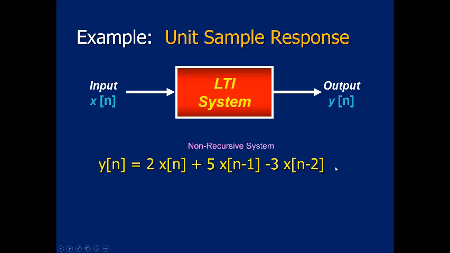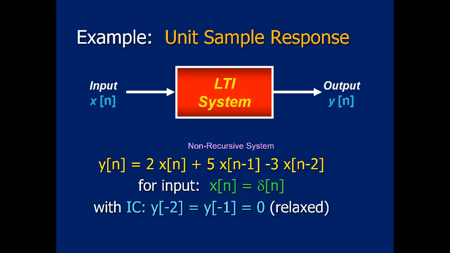No y of n minus anything terms, so there's no feedback, no recursion. And we want to know, how is this system going to respond when we put in a unit sample sequence, 1 at n equals 0? And we assume all of our initial conditions are 0, the system relaxed. And whatever we determine comes out, that is, by definition, the unit sample response h of n.